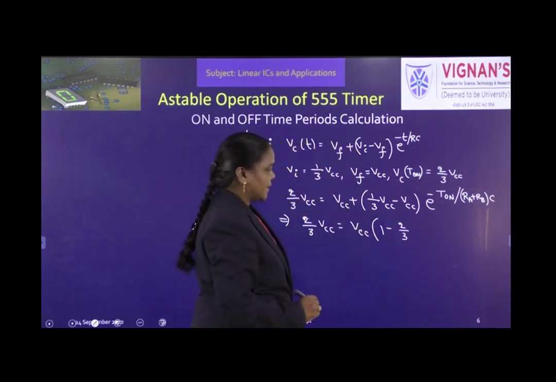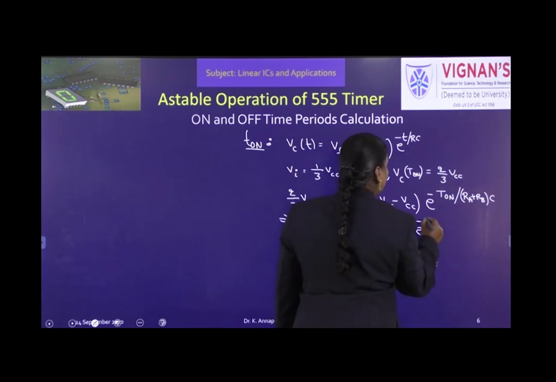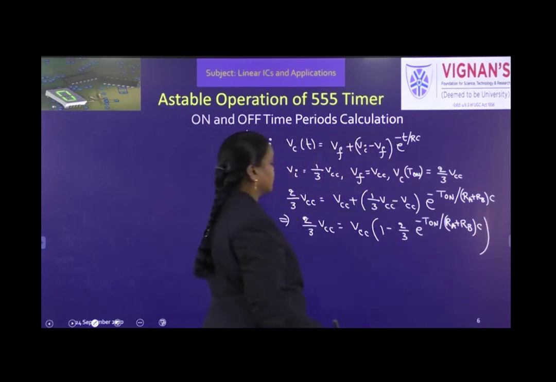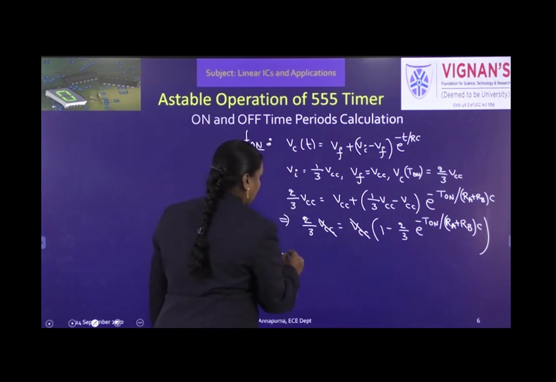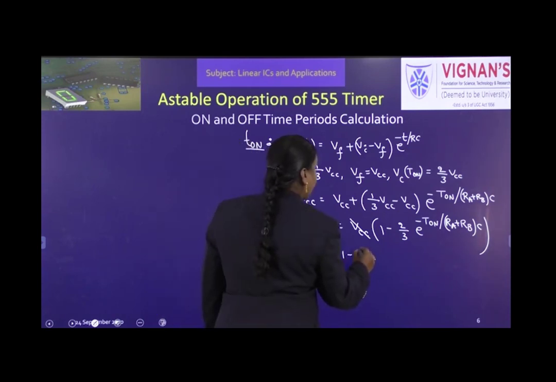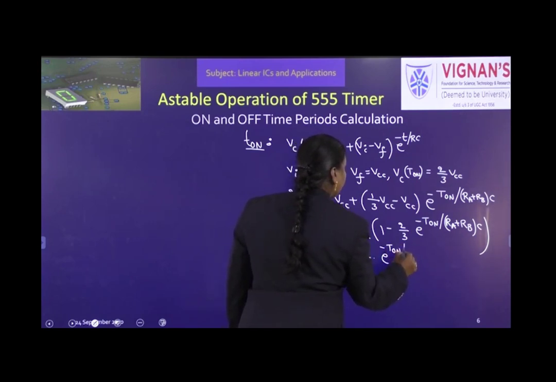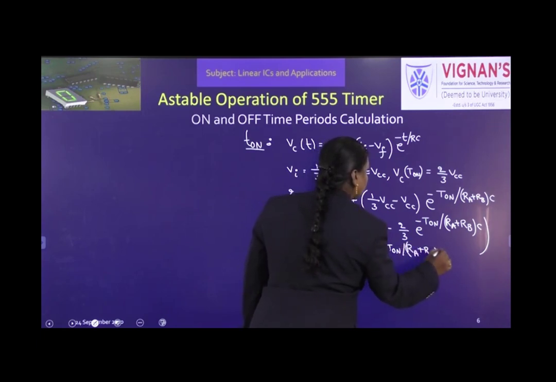But VCC is taken common into e power minus T on by RA plus RB into C. So this VCC gets cancelled. This implies 2/3 is equal to 1 minus 2/3 into e power minus T on by RA plus RB into C.